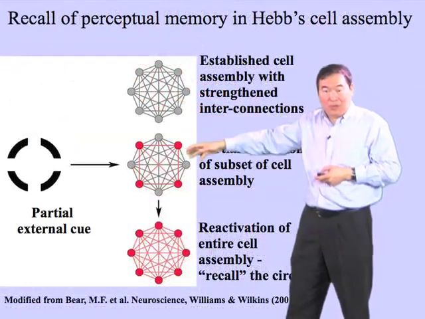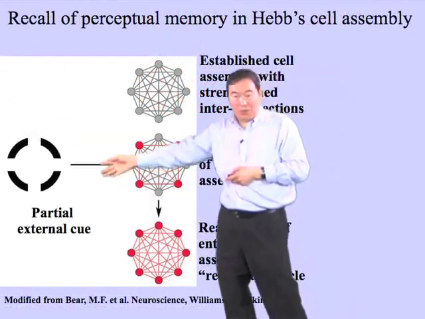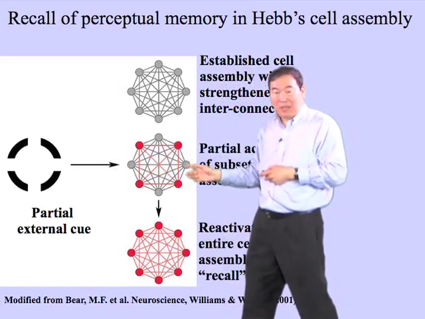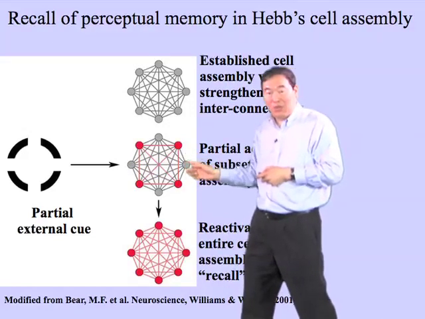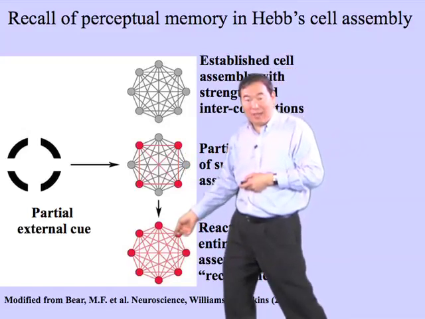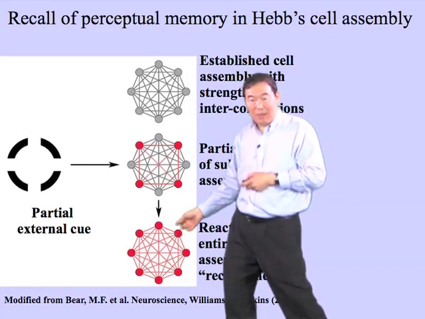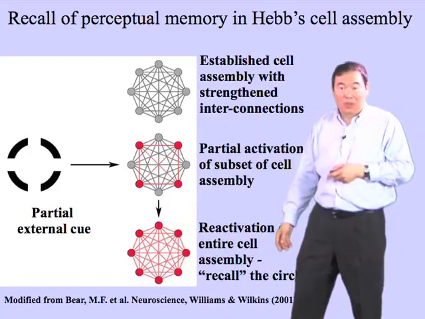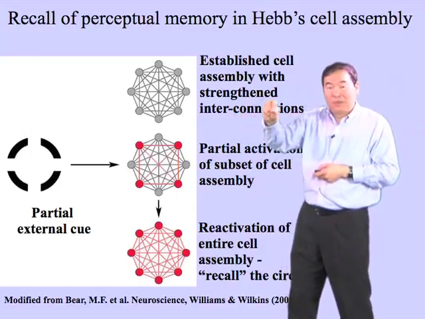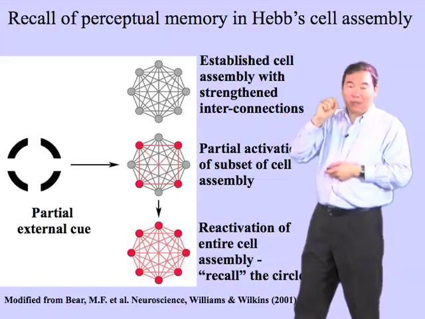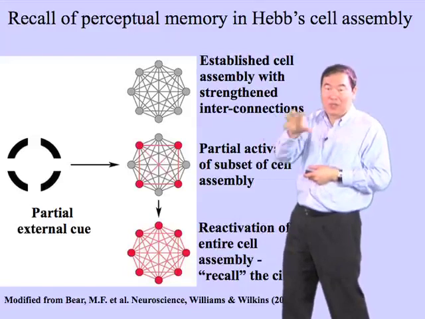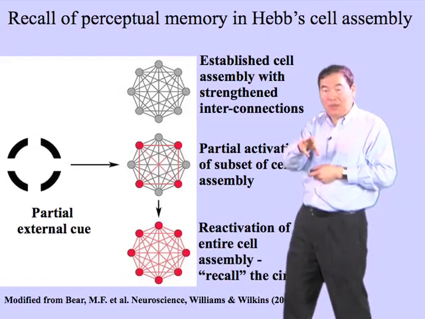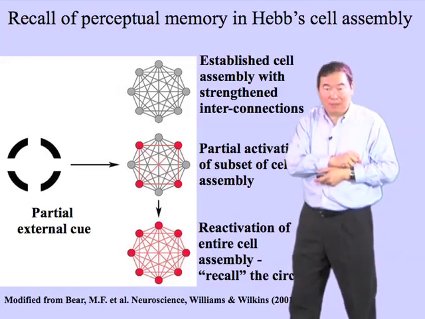Then one can recall this assembly by a partial stimulus that triggers only a small part of the assembly, and that can in turn, through the enhanced connectivity among them, give you a recall of the entire cell assembly. So, formation of perceptual memory and recall of perceptual memory from a specific ensemble of cells through the enhanced connectivity among them.